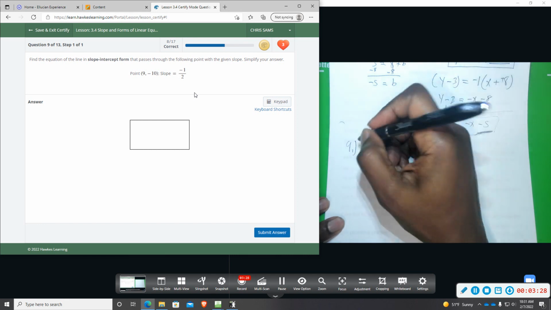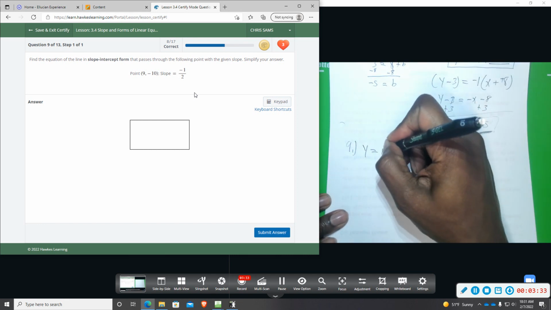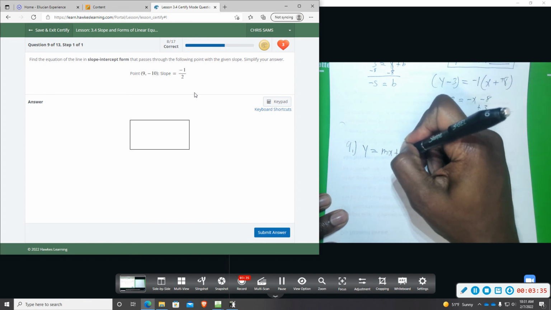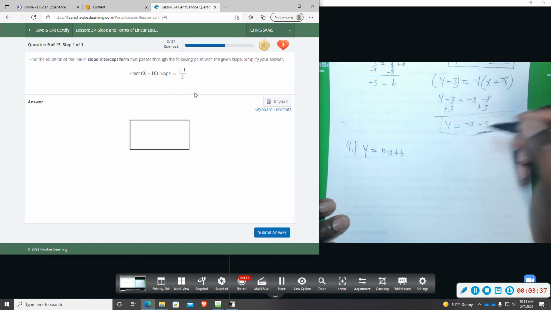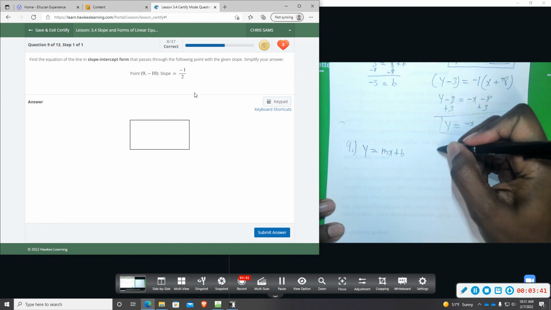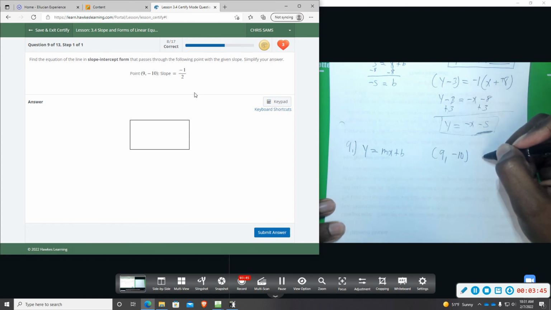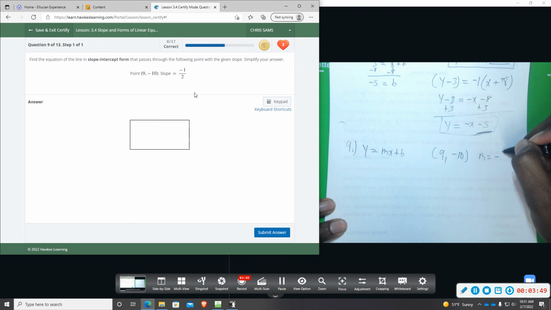I think I'm going to do it in slope-intercept form again. y equals mx plus b. I just like doing it this way, but feel free to use point slope form. And we have the ordered pair 9, -10, and then we have slope of -1/2.